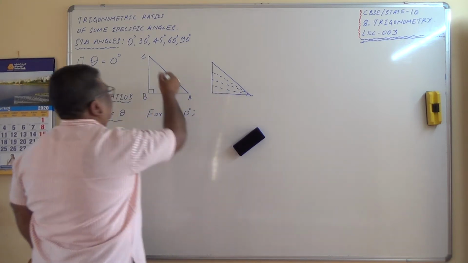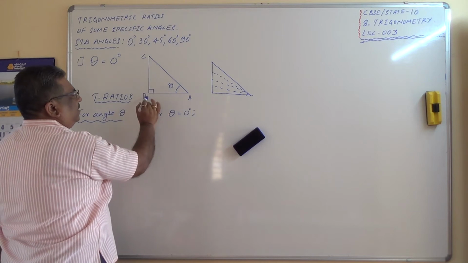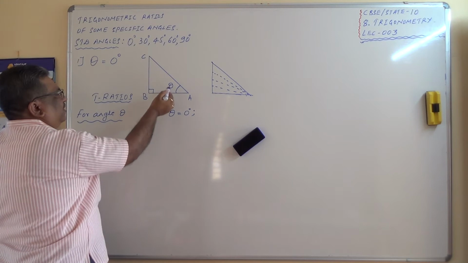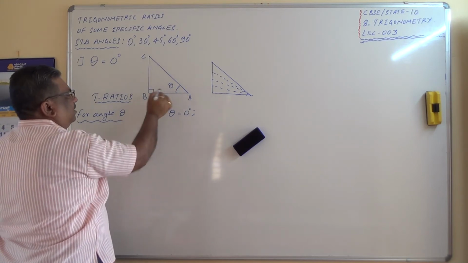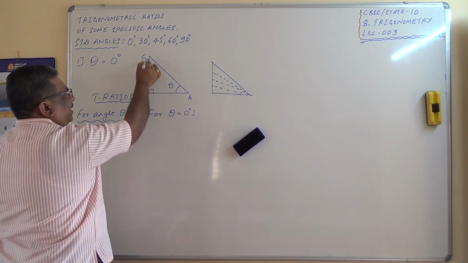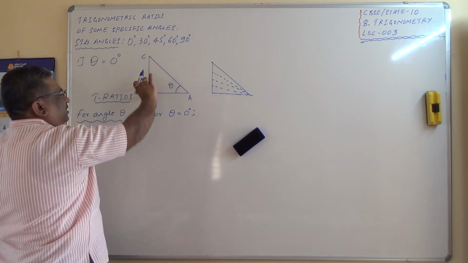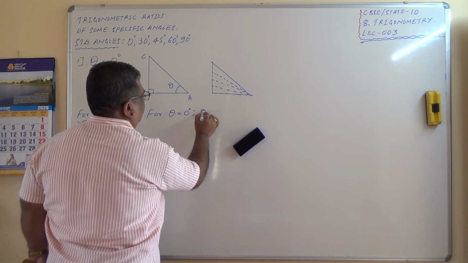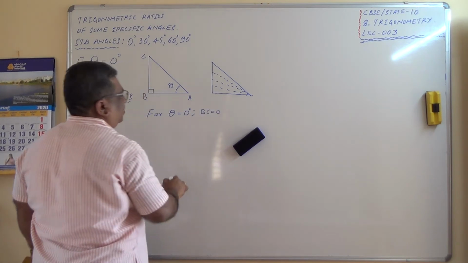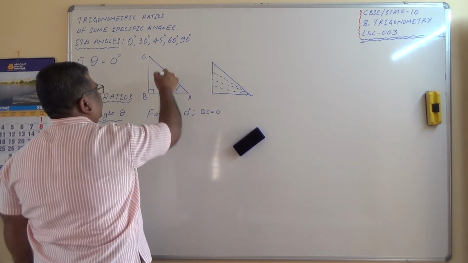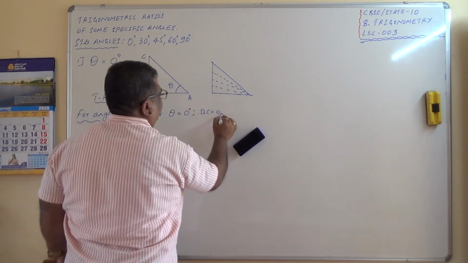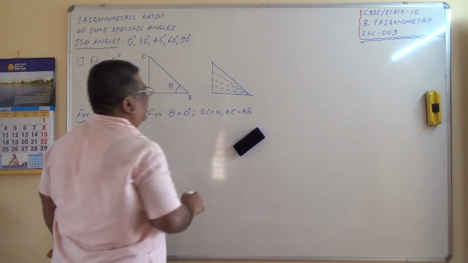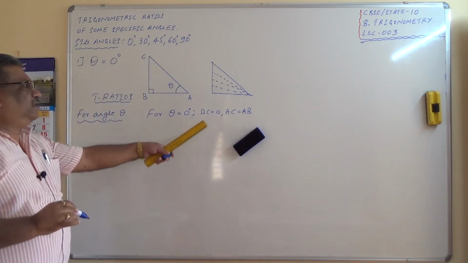Finally, when AC coincides with AB, the theta will become 0. So when theta is 0, AC coincides with AB and BC goes on decreasing and it becomes 0. So for theta equals 0, BC equals 0 and AC equals AB. These things we must understand.